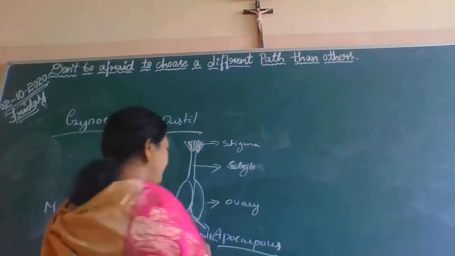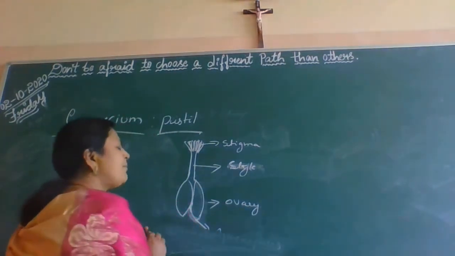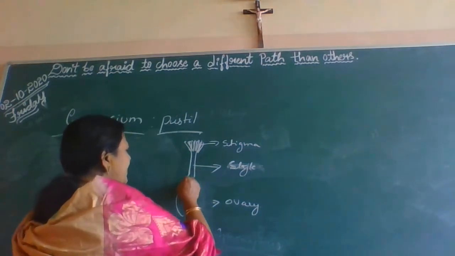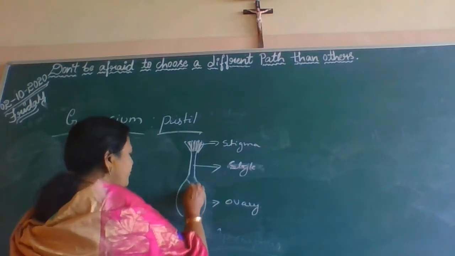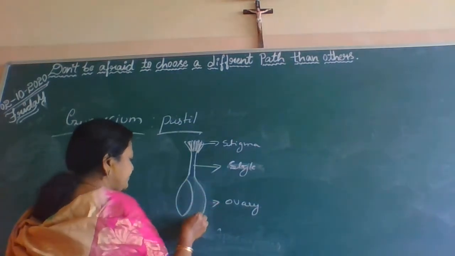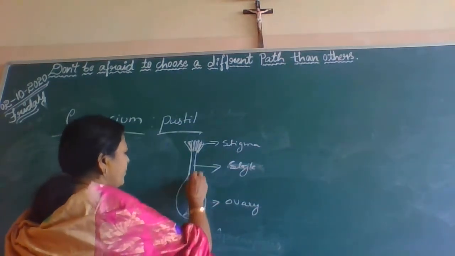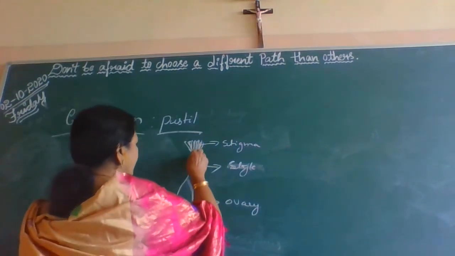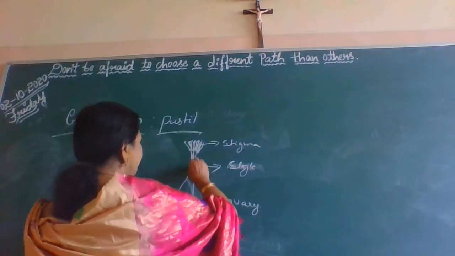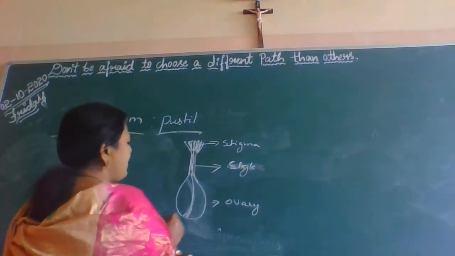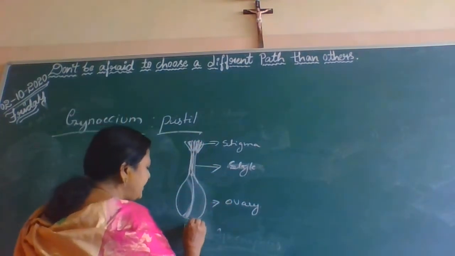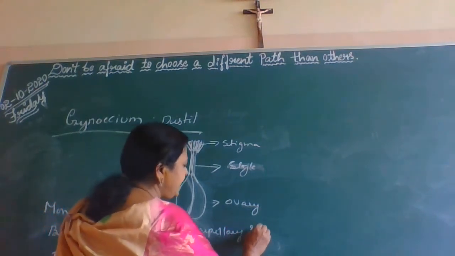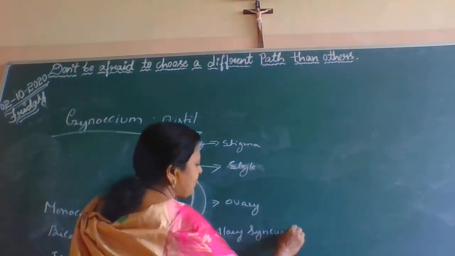Got it? Now, when the number of carpels is 2 and they are fused like this, this is called bicarpellary syncarpous.